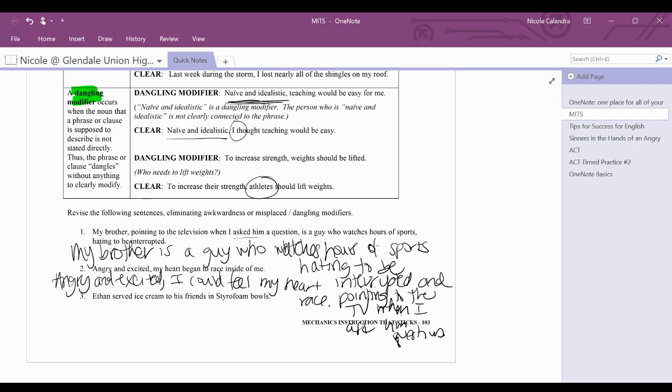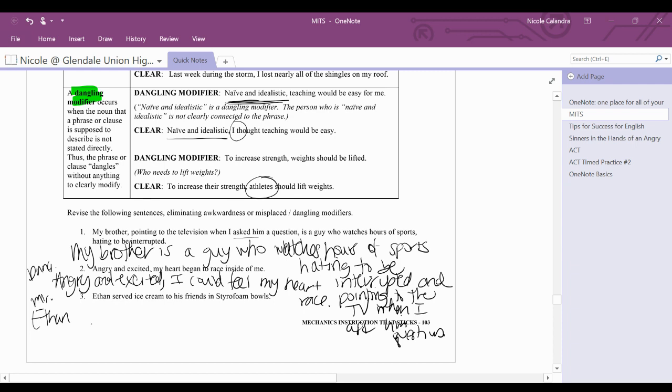Ethan served ice cream to his friends in styrofoam bowls. Okay, this one I feel is a little bit more identifiable because using styrofoam bowls goes along with the ice cream. So you need to have that together. So this one was a dangling modifier. I'm sorry, not a dangling modifier. This is a dangling, and this is a misplaced.